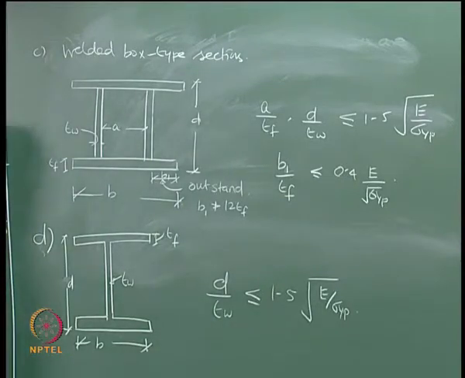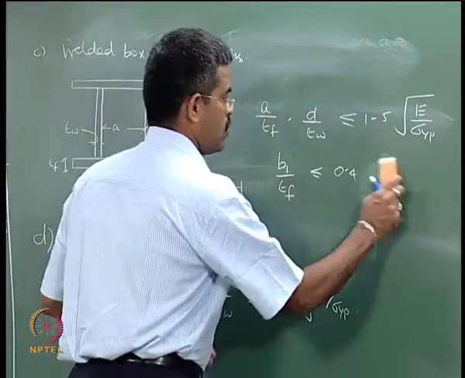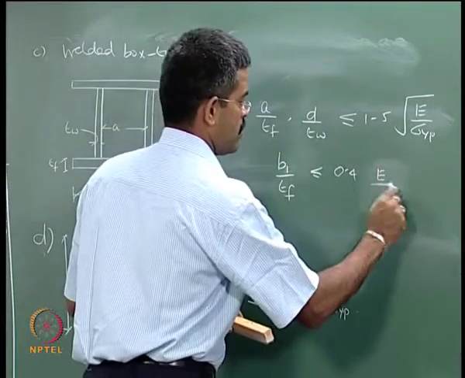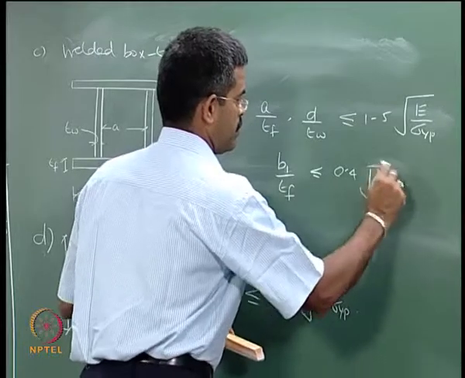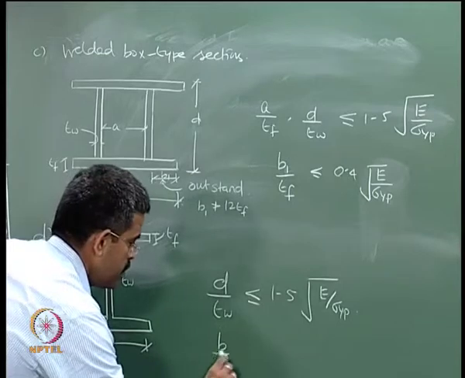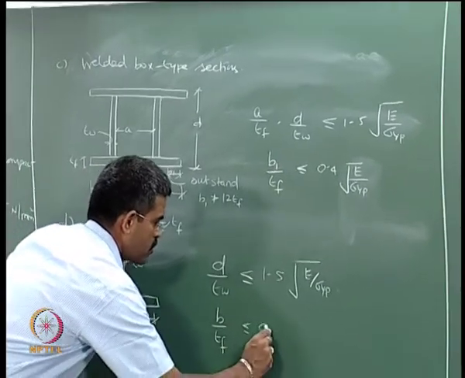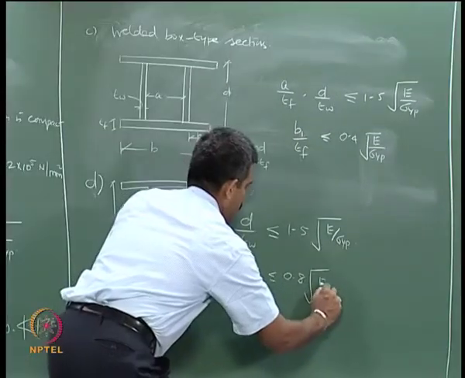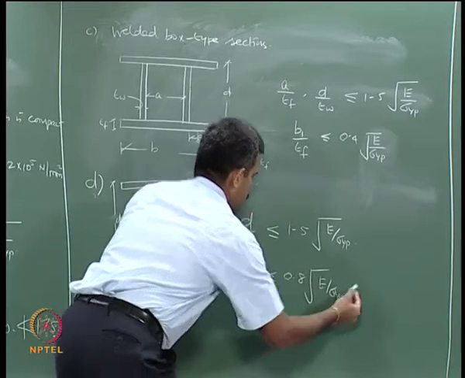This is also, I think, the whole root of E by sigma yp. Let us verify this later. And B by Tf should be equal to 0.8 of E by sigma yp.